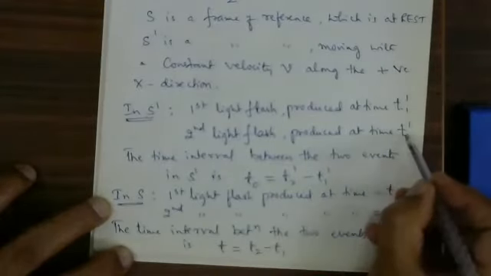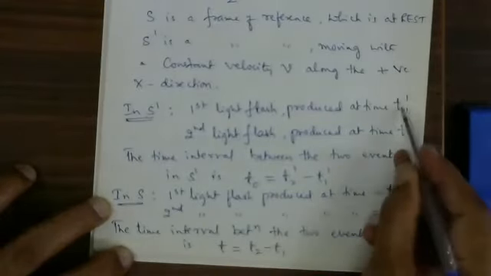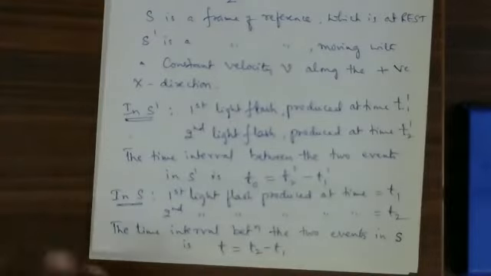Here T naught is equal to T2 dash minus T1 dash. In the frame S, T is equal to T2 minus T1. In the frame S dash, T naught is equal to T2 dash minus T1 dash.